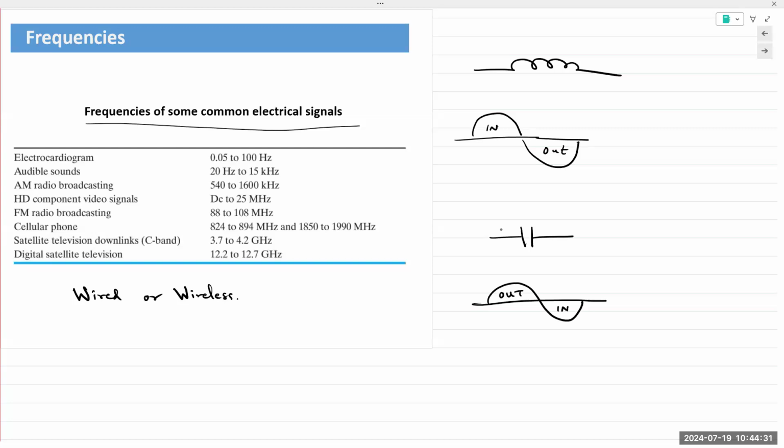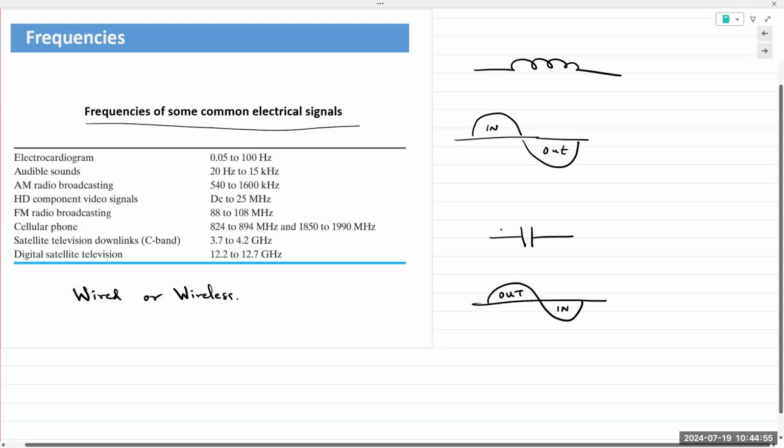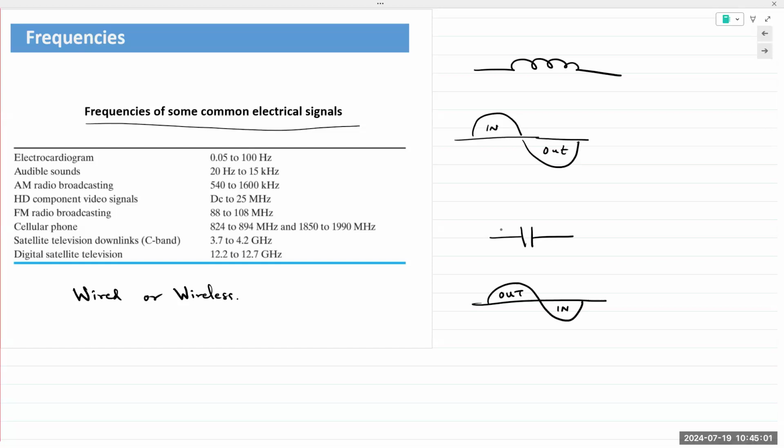You have AM radio signals, FM radio signals, television signals, mobile phone signals, cell phone towers, satellite signals, dish, DirecTV, for instance. And then, of course, there's wireless internet, home Wi-Fi. All of those signals are floating around us. Each of these signals, whether wired or wireless, is basically an electrical signal operating at a particular frequency.